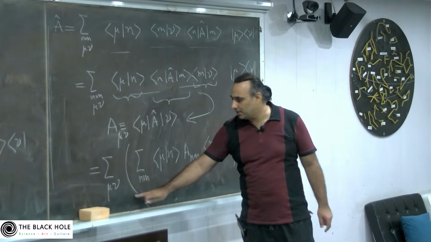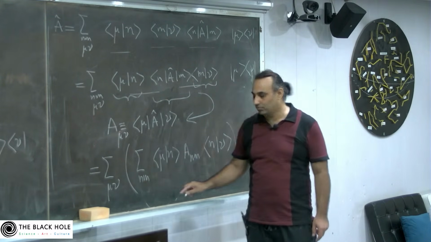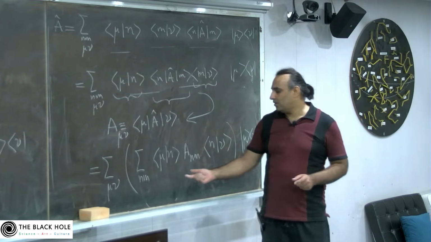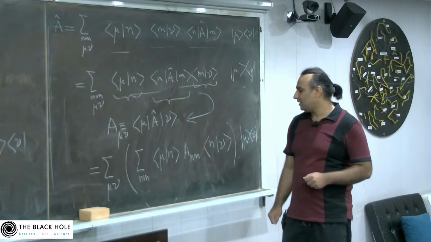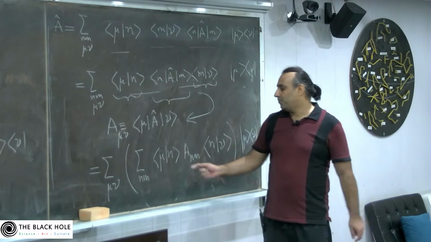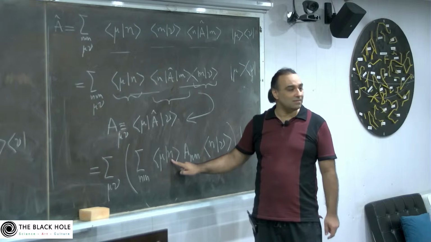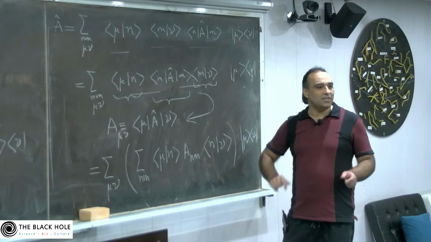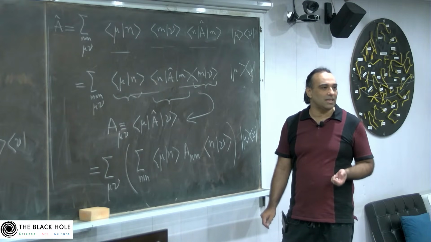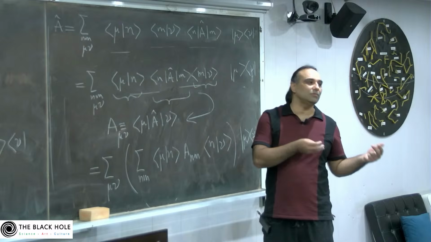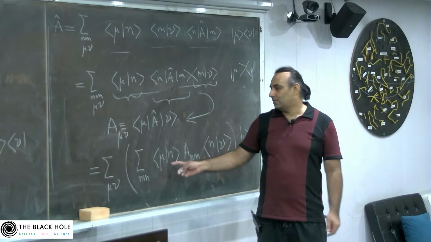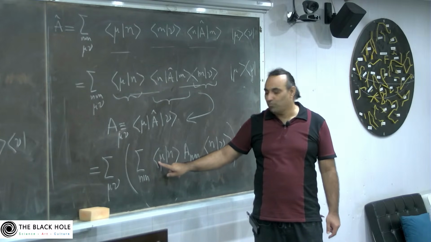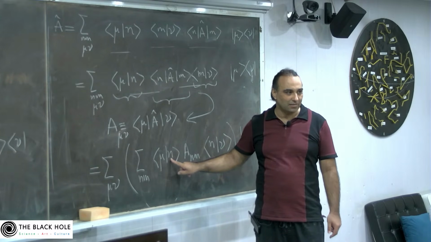So that clearly means that this thing is a mu nu, this in this bracket. Now what are these objects? These are inner products between old basis states and new basis states. So these inner products carry the information of how our old bases are related to the new bases. So these are kind of expansion coefficients for this mu in terms of n.